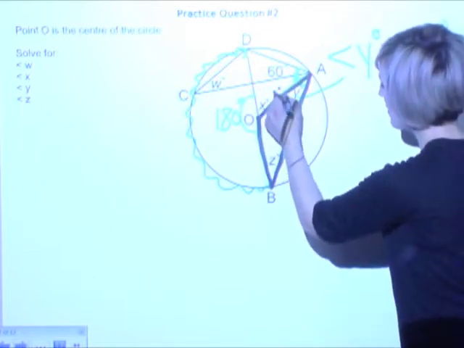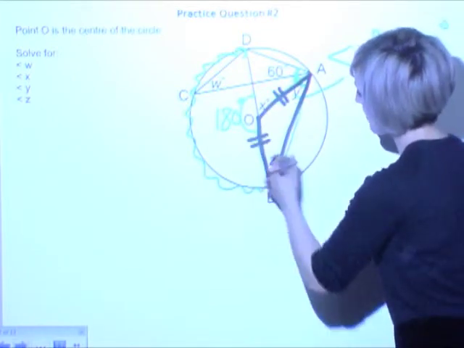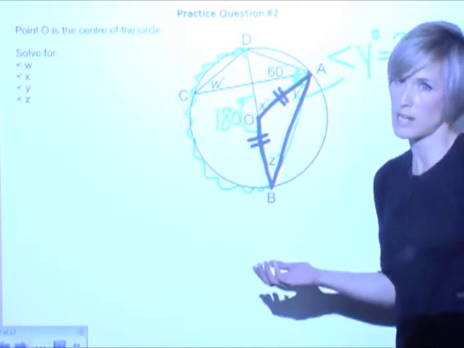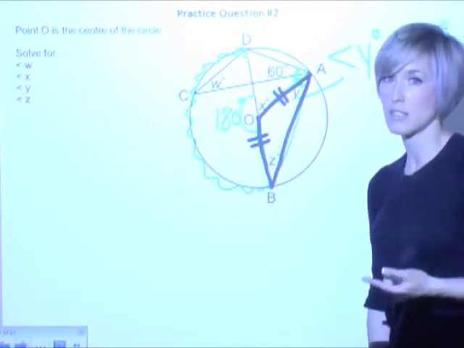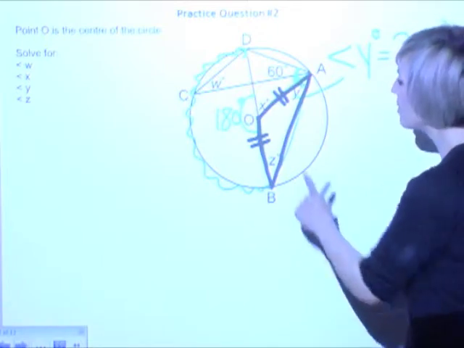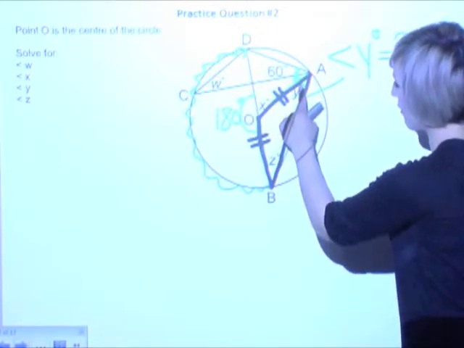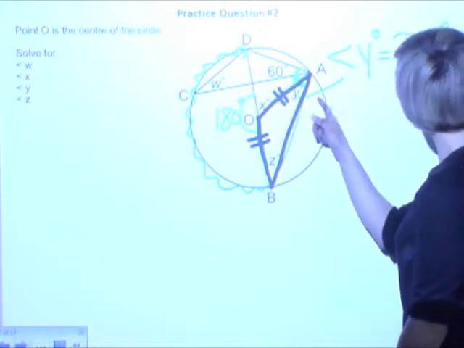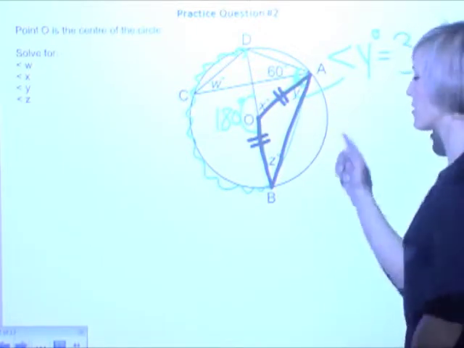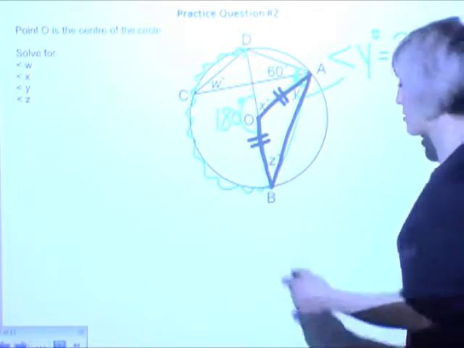So the length here is equal to the length here because they're both a radius. Therefore, I can apply the isosceles triangle property to this. The two angles opposite those equal lengths are going to be equal. Therefore, if angle y, which I've just figured out, is 30 degrees, angle z also has to be 30 degrees.